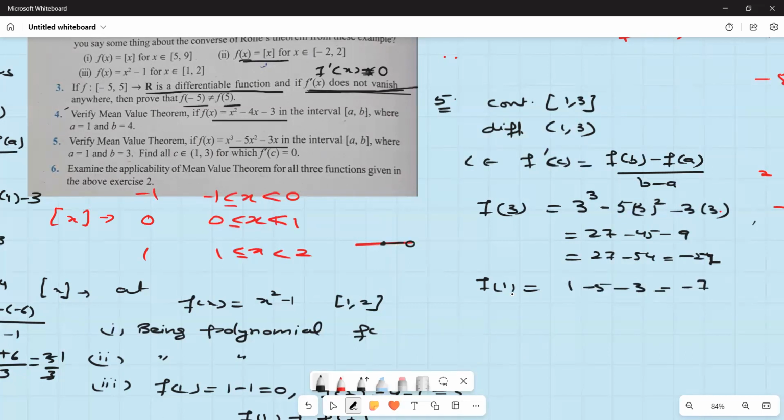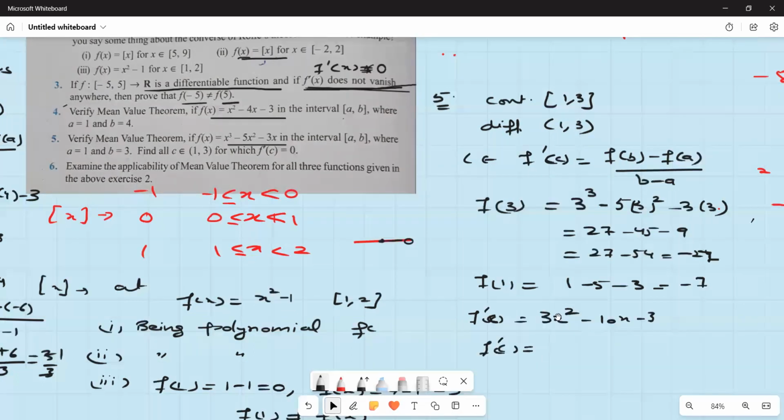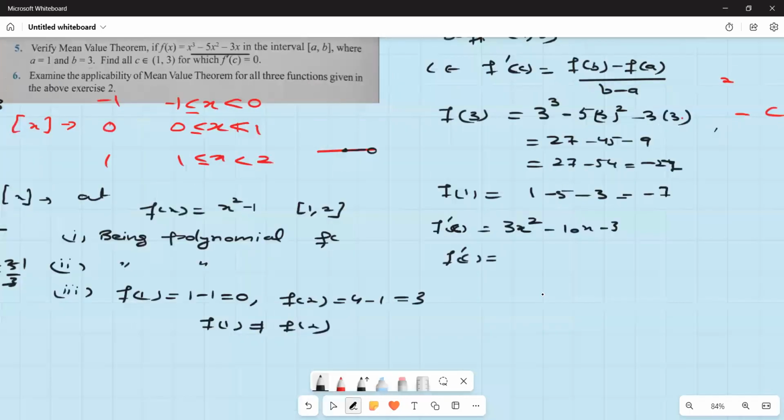So f dash c. What is f dash x? That is 3x square minus 10x minus 3. So f dash c will be minus 27 minus minus 7 upon 3 minus 1, that is equal to 3c square minus 10c minus 3.